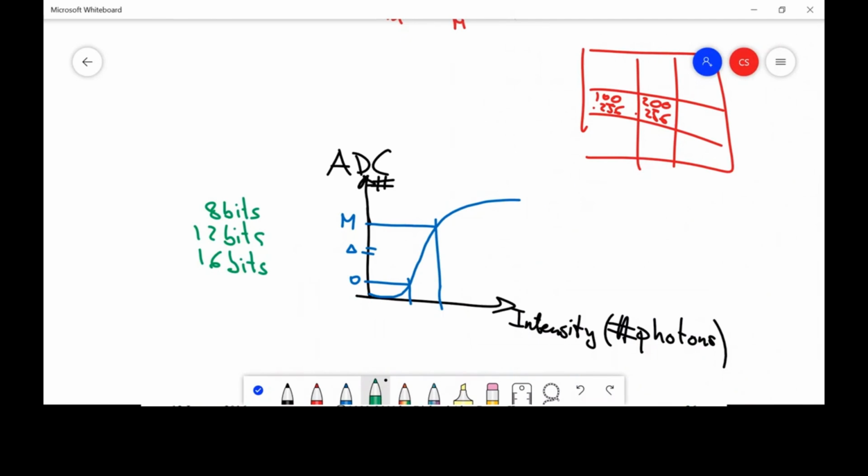And typically, in any physical device, you'd like to work in the linear response area of that device. So you wouldn't like to go much further to here, for instance, because all these values you cannot separate well.